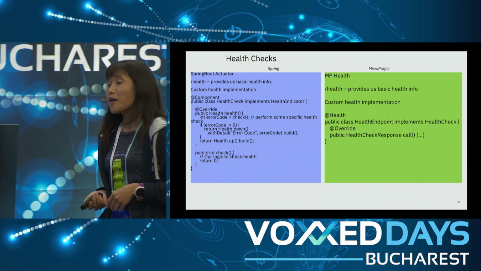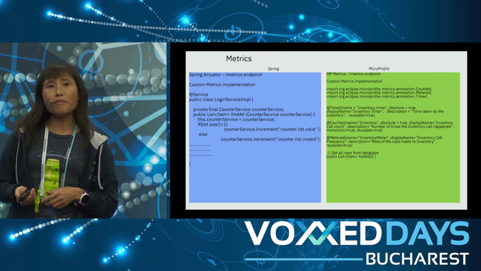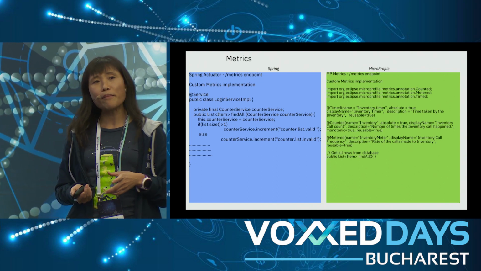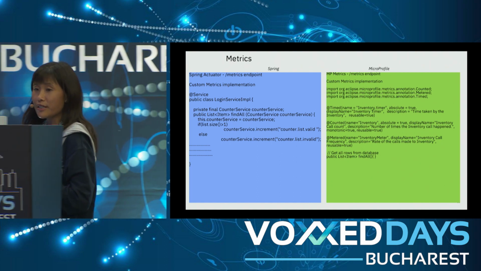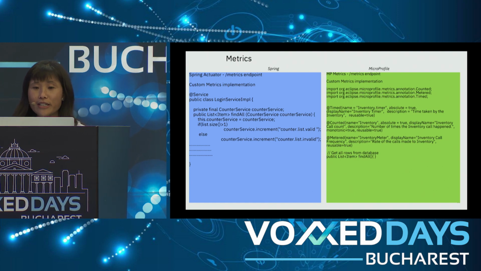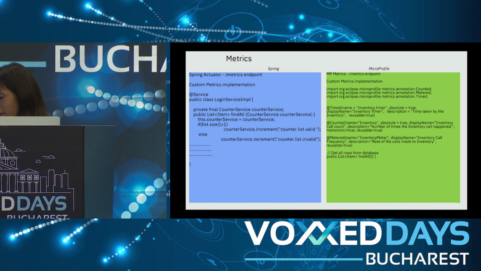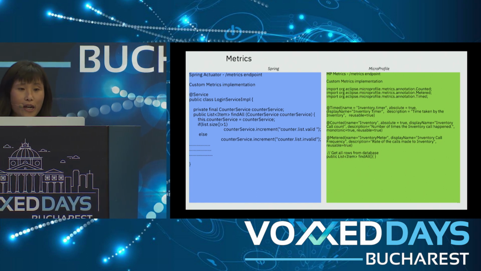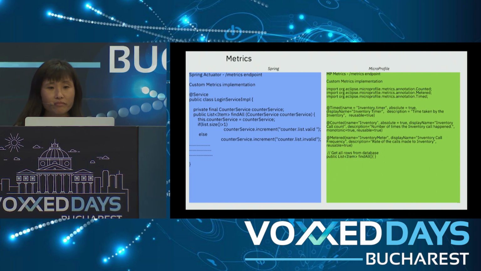The other thing is how well your microservice is performing in the cloud. So you need some metrics data. In Spring, again, you can use the Spring Actuator. You inject a counter service. In MicroProfile, we have annotations like Timed, Counted, and Metered.